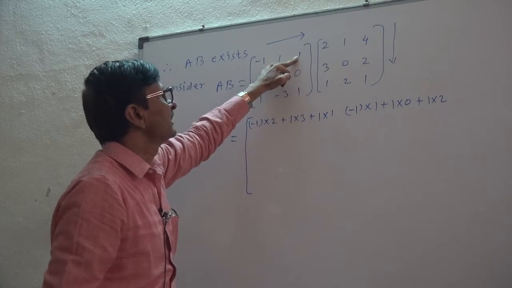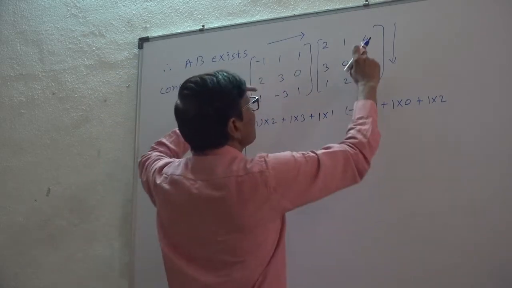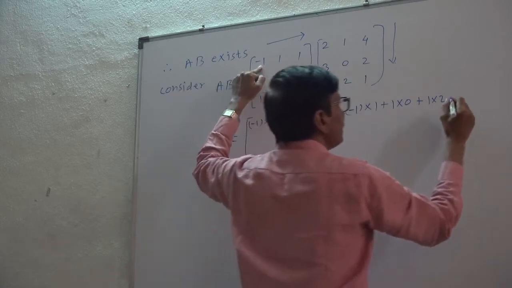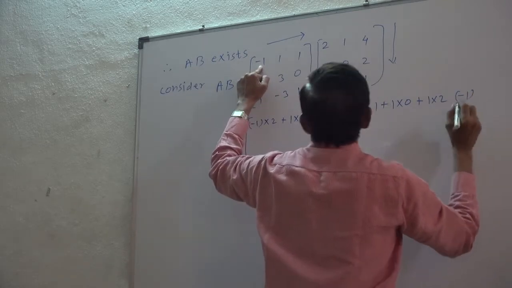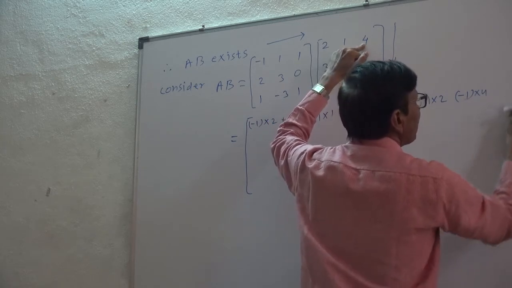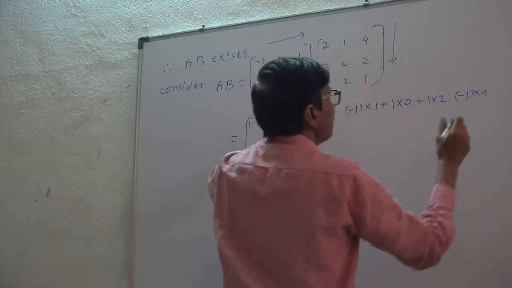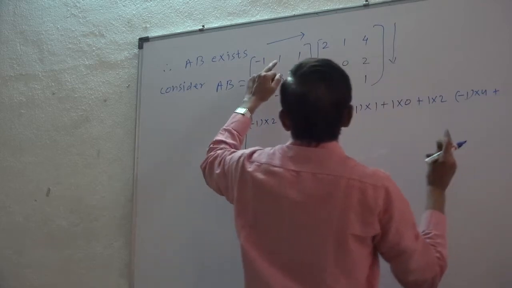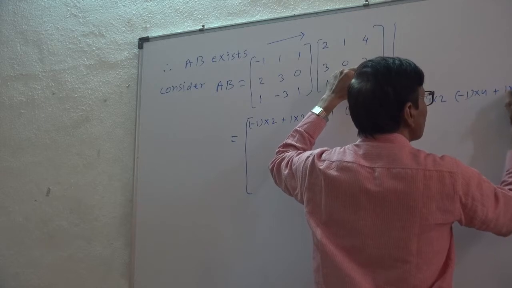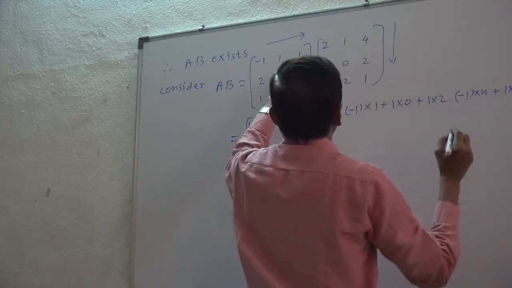Now row again same, changing the next column. So -1 into 4, then plus product of second element 1 into 2 plus 1 into 1.